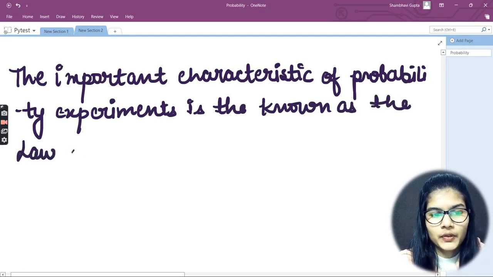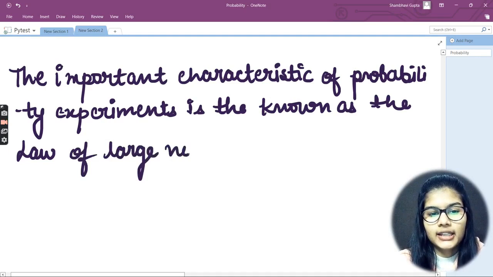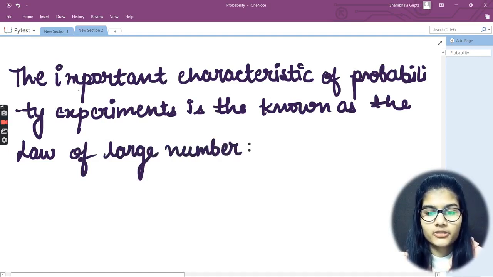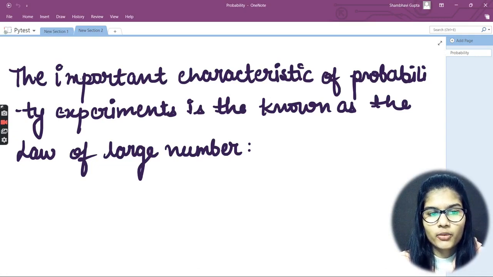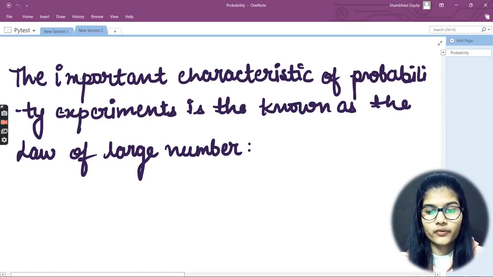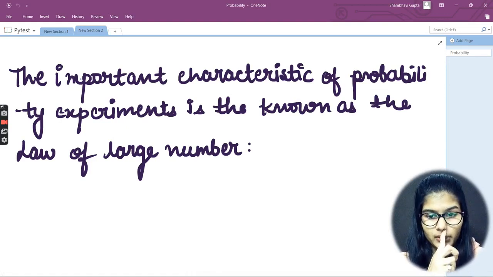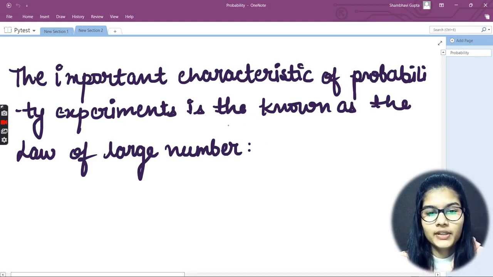Now, what this law of large numbers is about, I'll be talking about right here. But you have to understand that there are some important characteristics of probability experiments, and that is known as the law of large numbers. This is a term which we use here, the law of large numbers, okay? Now, further I'll be taking up what this law of large numbers is.